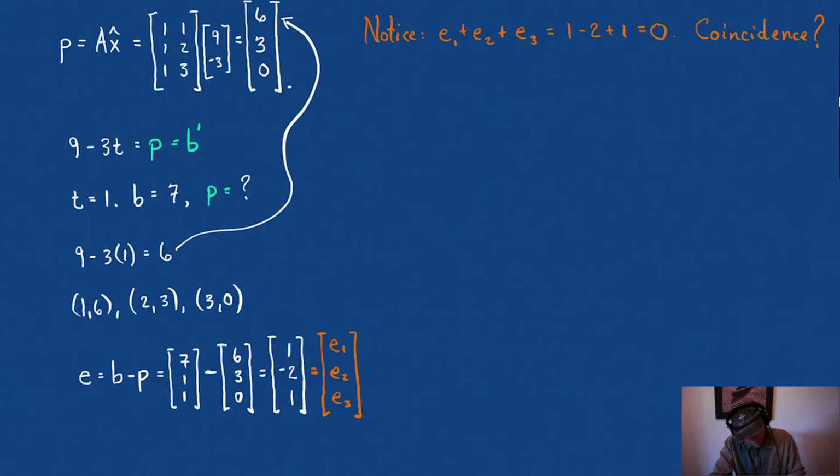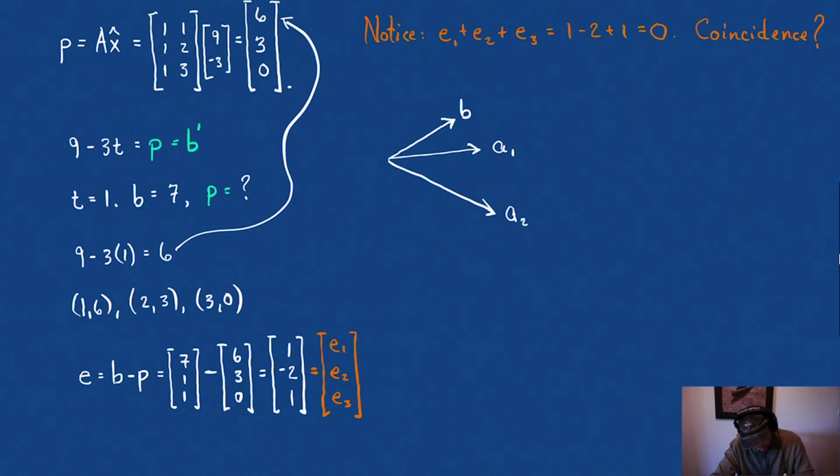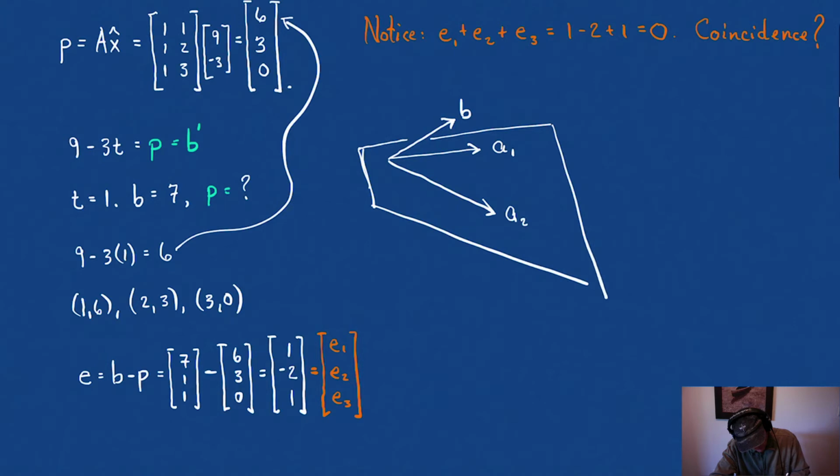So let's do this. Remember, this originally started out with 2 vectors. We had A1, which was the vector of 1, 1, 1, and we had maybe A2, which we said was 1, 2, 3. And then we projected some other vector, the vector B, onto the plane, and A1 and A2 described some kind of a planar structure, maybe something like this.